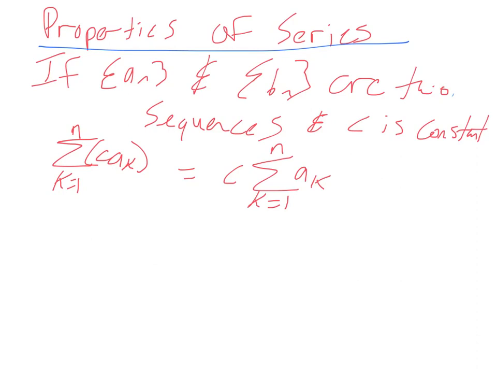What I'm essentially saying is I can take this constant value and pull it to the outside. Multiplying each individual term by c is the same as multiplying the entire sum of all those terms by c.